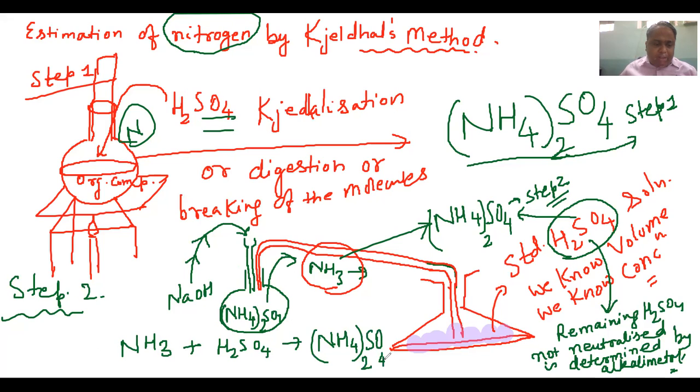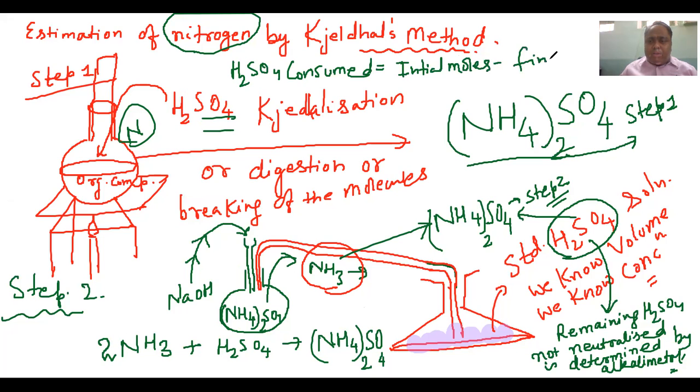So how much ammonia is used here? Twice of ammonia is used, as much of H2SO4 will be consumed. So H2SO4 consumed is equal to initial moles minus final moles.